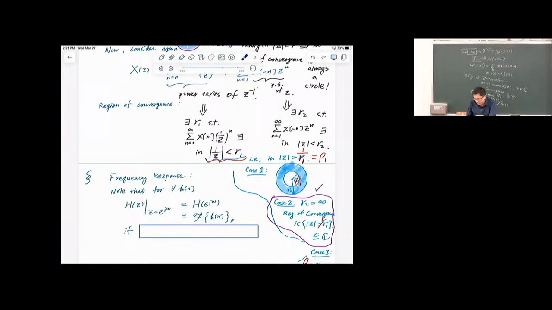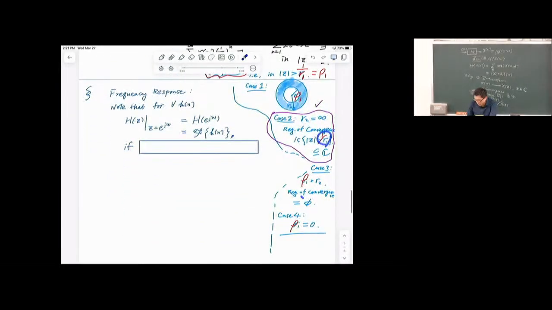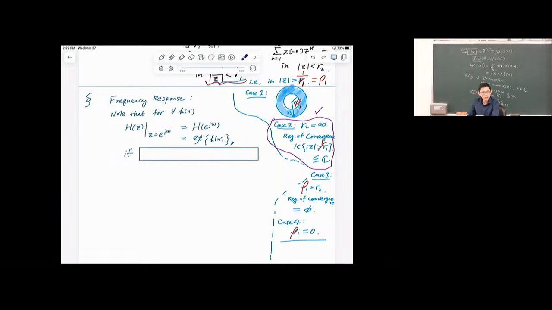Just for convenience, let's call 1 over R1 rho 1, the Greek letter rho. So rho 1 right here, right here, right here, and right here. That should be clear now. Shall we move on? Yeah, let's move on.